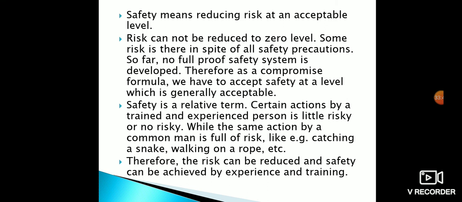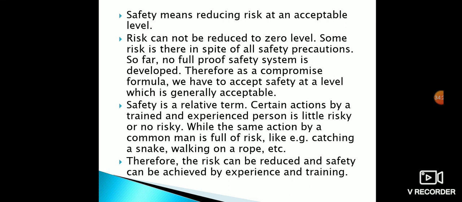So far, no foolproof safety system has been developed. We can have many safety tools, a safety department, safety precautions, but still no 100% foolproof safety system has been developed.